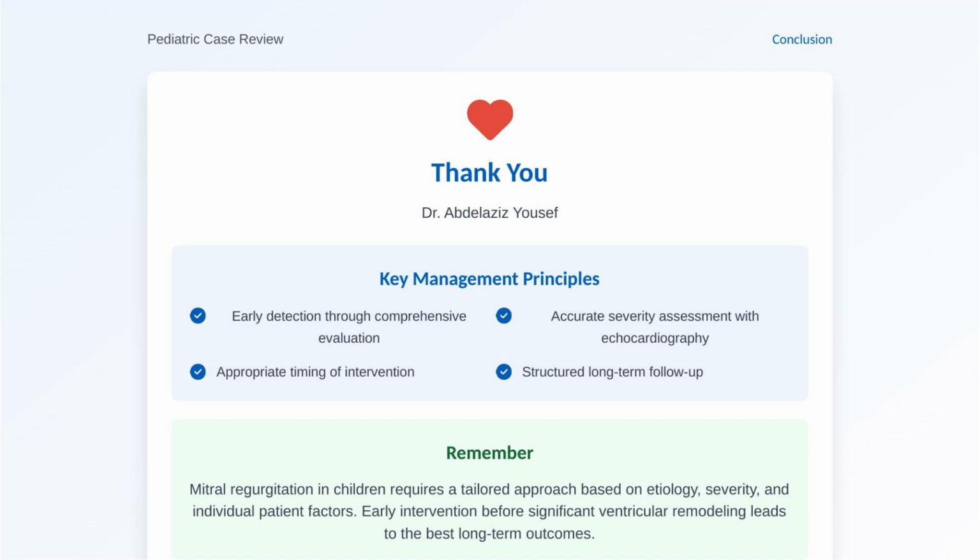The key management principles include early detection through comprehensive clinical evaluation, accurate severity assessment using echocardiography as the gold standard, appropriate timing of intervention before significant ventricular remodeling occurs, and structured long-term follow-up tailored to the severity of regurgitation and individual patient factors. Remember that mitral regurgitation in children requires a tailored approach based on etiology, severity, and individual patient characteristics. Early intervention before significant ventricular remodeling leads to the best long-term outcomes.